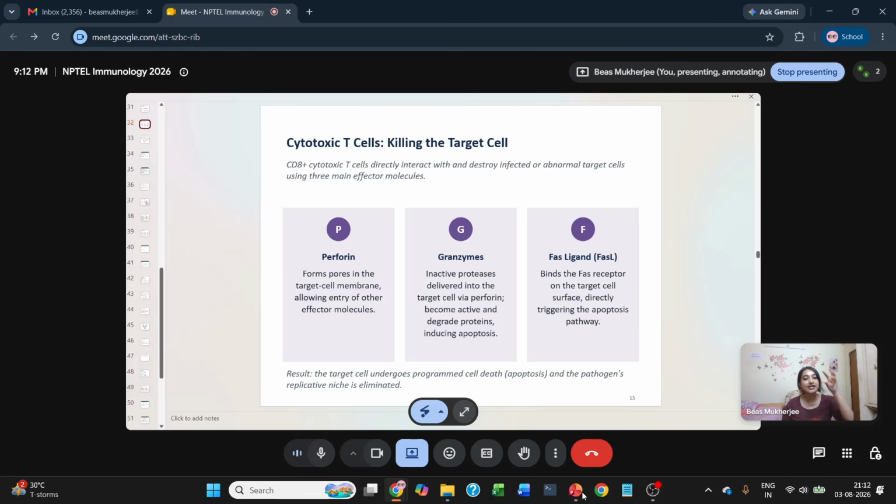So there is this Fas ligand on the surface of this cytotoxic T lymphocyte, and this Fas ligand binds to the Fas receptor that is present on the target cell, and it directly triggers apoptotic pathway. So the result is the target cell undergoes programmed cell death or apoptosis, and the pathogen's replicative niche is eliminated.